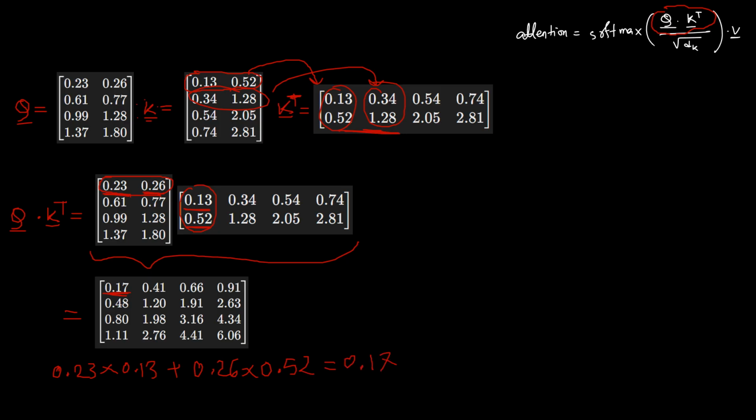And likewise, the first row will be multiplied with the second column to find the second element here. Then with the third column to find the third, likewise the fourth. And the second row will be multiplied with the first column to get the first element of the second row here. So I think it's clear how the matrix multiplication is done. So now to the main question: how is it actually performing the attention?